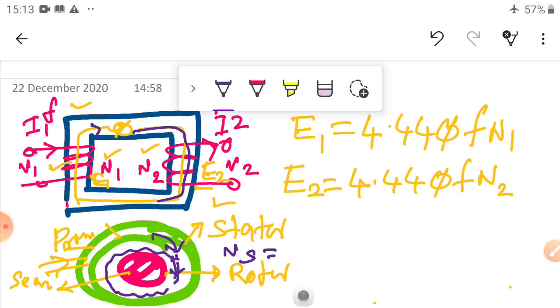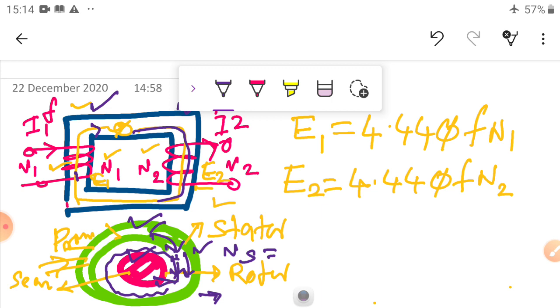The reason is that the stator winding is a distributed winding, and the rotor is also distributed, whereas the transformer winding is concentrated. So this rotating magnetic field links with the stator conductors as well as the rotor conductors.